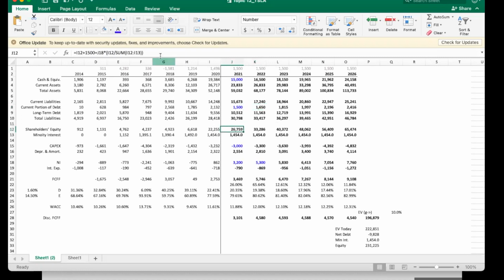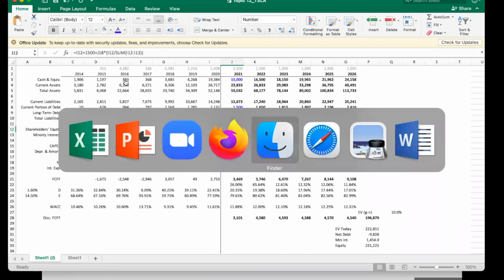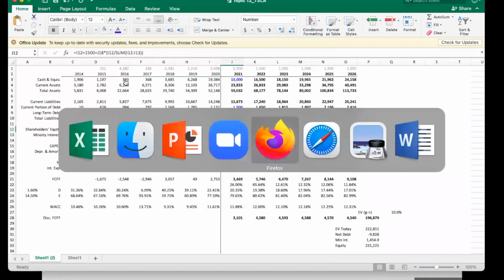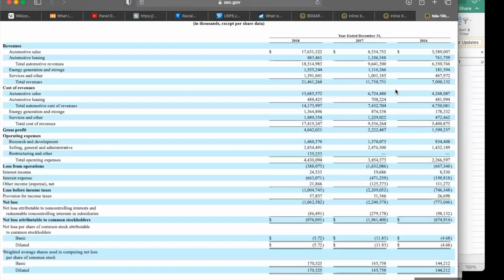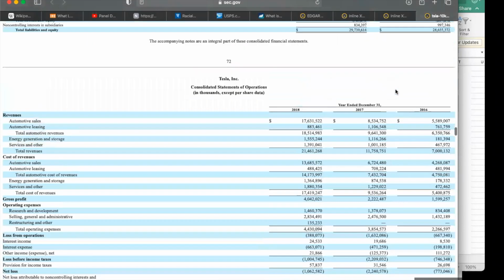And then shareholders' equity. I simply add 1,500. If you go to their financial statements, let me pull them up really quickly. Here we are.